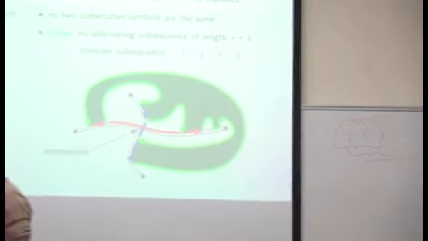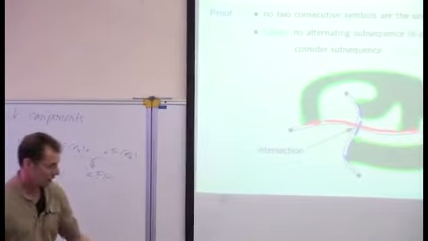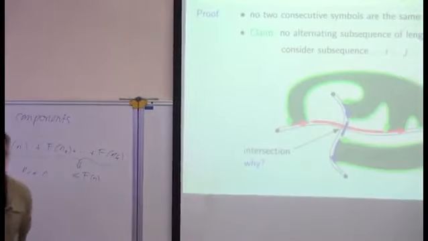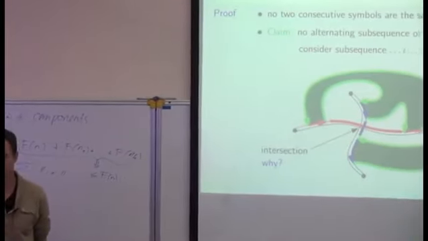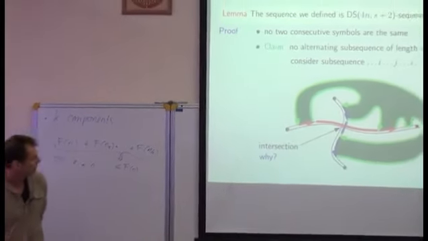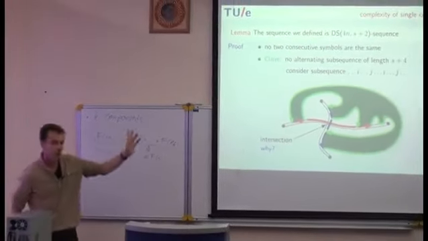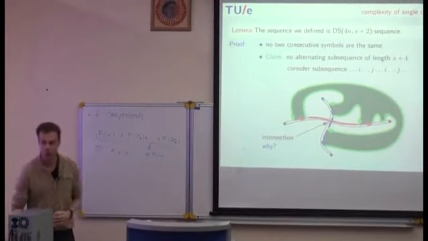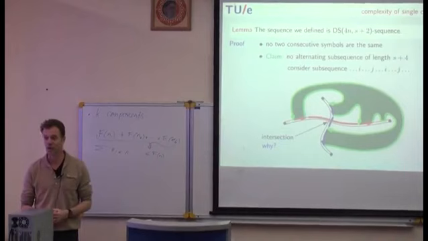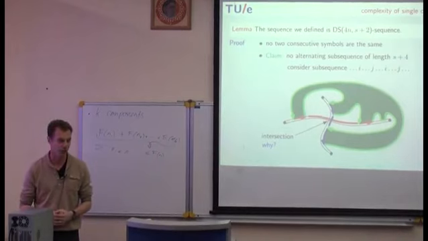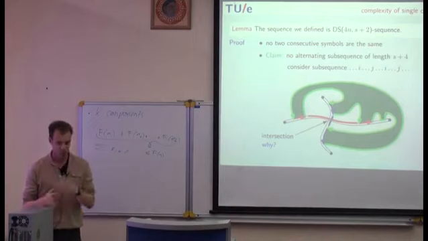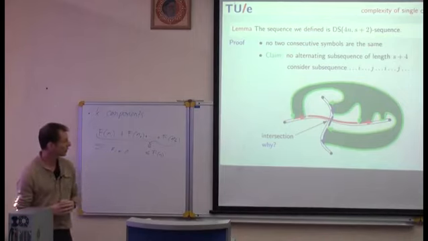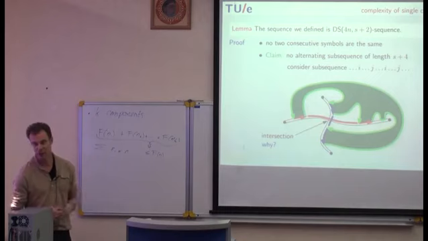So now the main question is, why must there be an intersection here? Well, of course, you can make some kind of drawing and then stare at it for some time and hope that there are no different cases somehow, but that's not really a proof. So we want to prove in a little bit more convincing way that there must be an intersection.